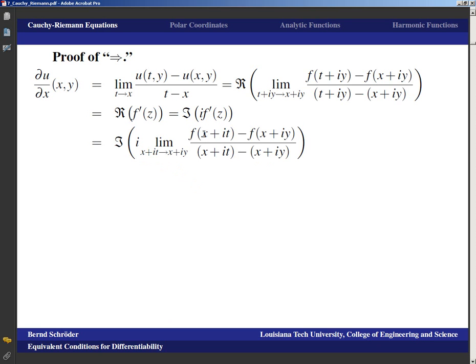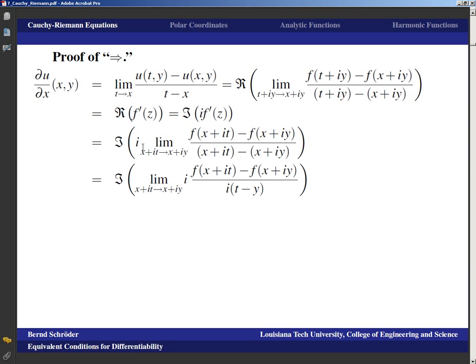So now we're approaching along a vertical line, which is fine. If the limit works for numbers in the complex plane approaching x plus iy in any fashion, then the limit will also be f prime of z when we approach along a vertical line.